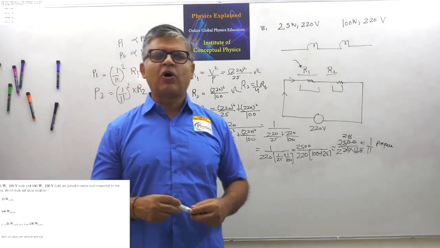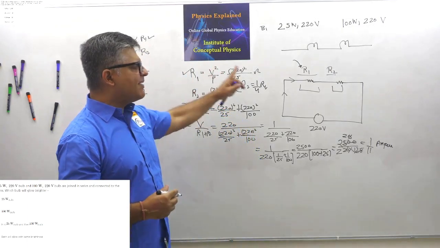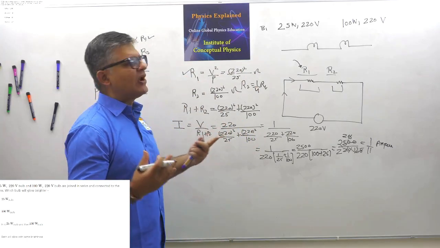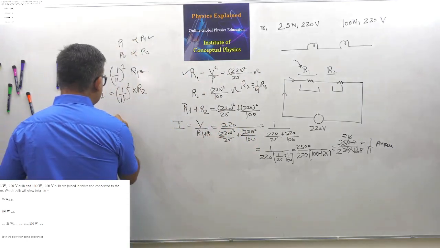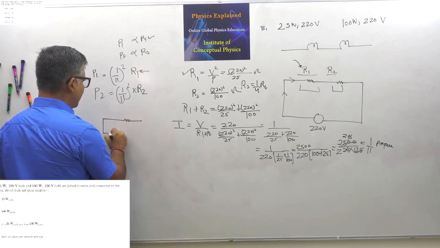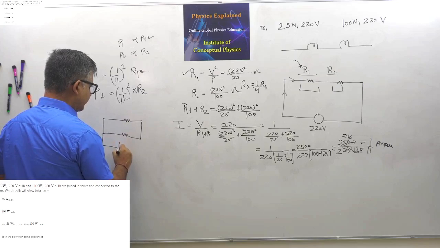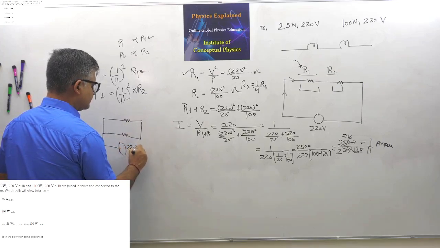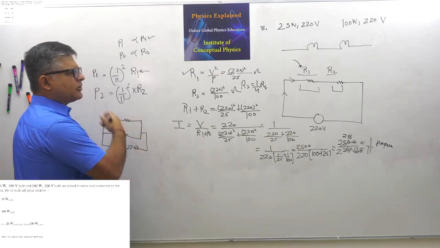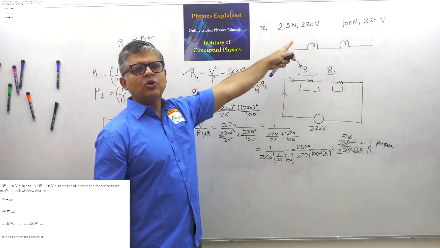Okay, finally, there are two things you must remember. If the same bulbs are connected in parallel, what happens? If you connect them in parallel, so this is 220, both are getting 220, which is no different than their individual ratings.